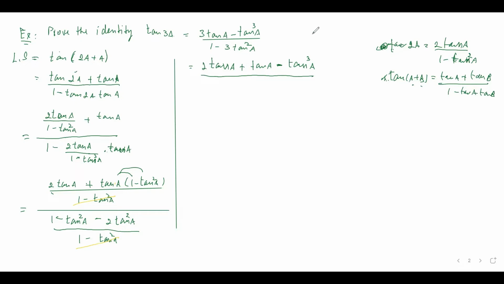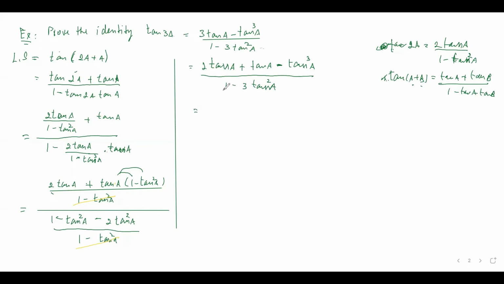Okay, so the bottom one, what we have is 1 minus, because tan squared A minus 2 tan squared A becomes 1 minus 3 tan squared A, correct? Okay, so you see the bottom we got is the same as from the question now.